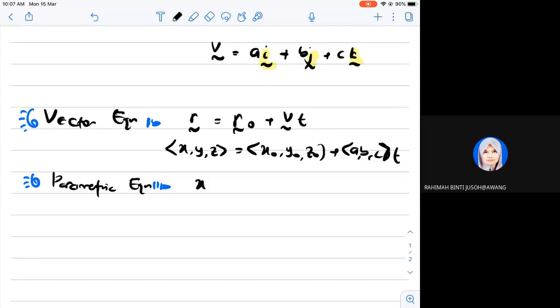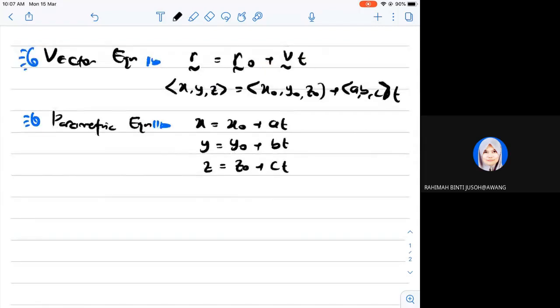X equals to X naught plus AT, Y equals to Y naught plus BT, and Z equals to Z naught plus CT. Okay, so that's the parametric equation.